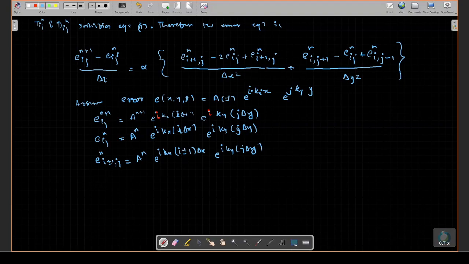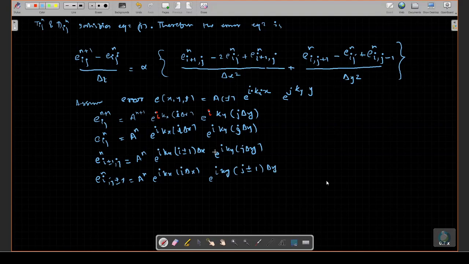Now for (i, j±1), it can be written like this: A_n e^(iκ_x i Δx), so i is not changing, no worries, e^(iκ_y (j±1) Δy), multiplied by Δy, like this.